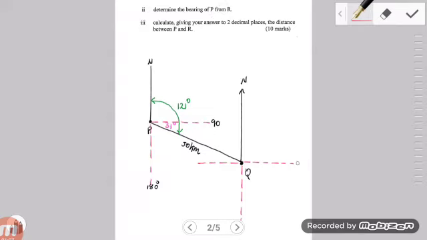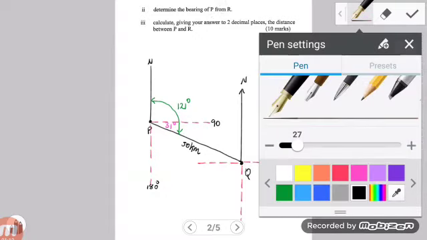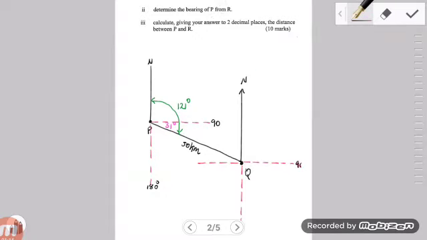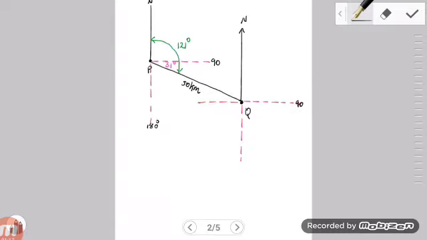Let's insert those: 90 degrees, 180 degrees, 270 degrees. And so 320 is in between 270 and 0, or what we would say 360 degrees, and we would find 315.